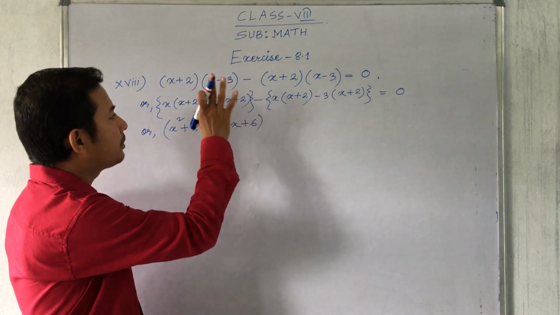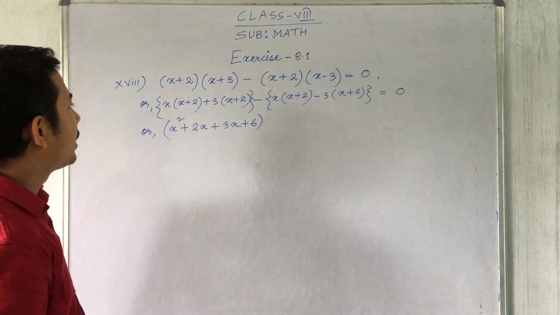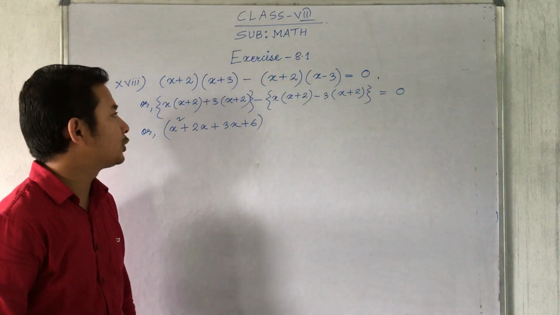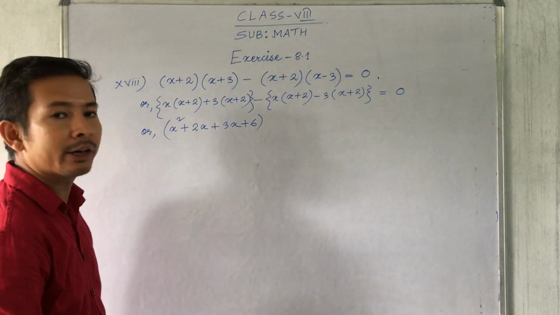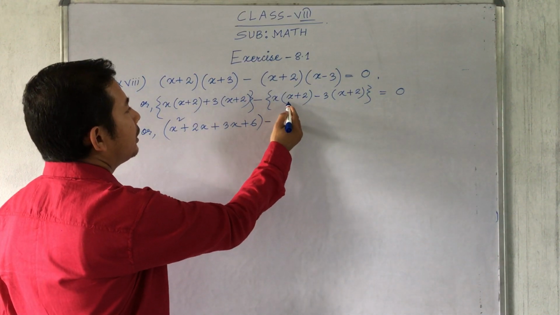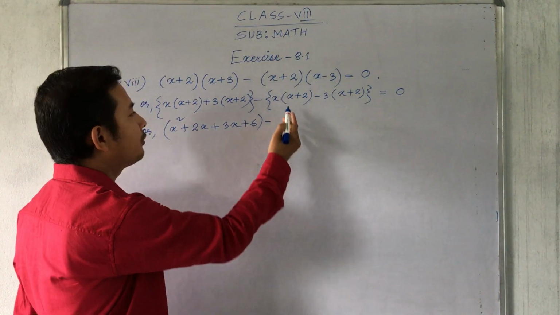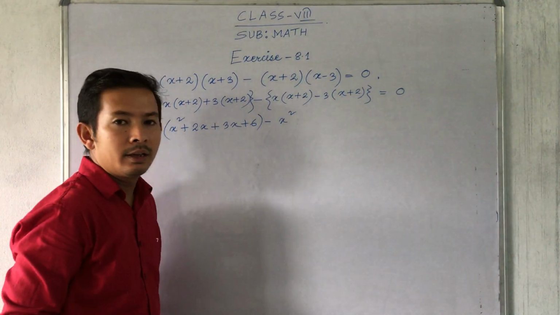Now no need to put the second bracket, because after multiplication of these terms, we have opened the first bracket, isn't it? So this time no need to put the second bracket, you just put the first bracket only. So minus, now this x plus 2 also we need to multiply by this x directly. If you multiply x by x, what will it be? x square, isn't it?